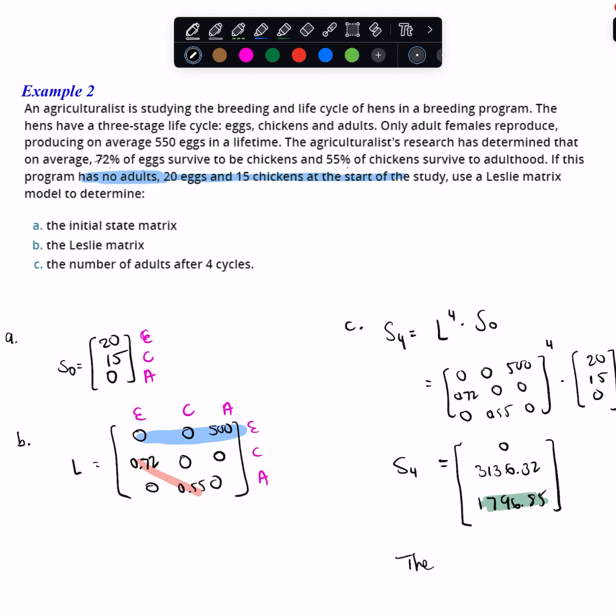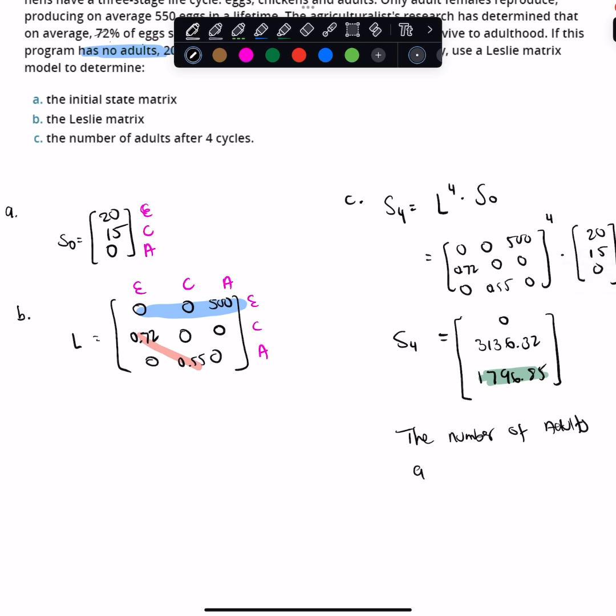The number of adults after 4 years is 1796.85 adult chickens.